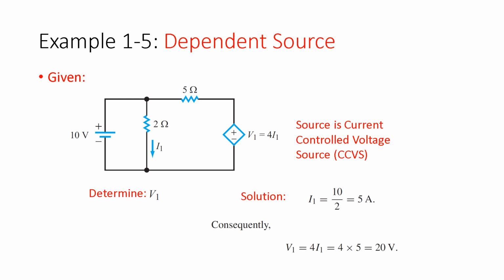Then, as simple as it is, we plug that 5 amps back into the other equation to solve for V1. V1 equals 4 I1, and I1 equals 5, so V1 equals 20 volts. We're not solving for anything else in this case. That's the end of this problem. But later on, we plug that CCVS back in, and that's how we can solve for the entire circuit, for some other parts of the circuit as well.